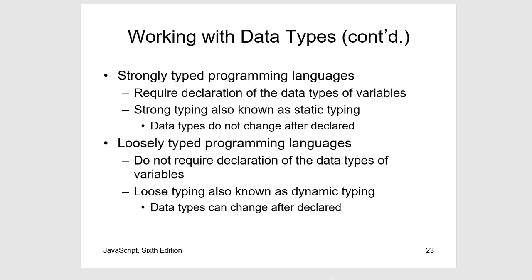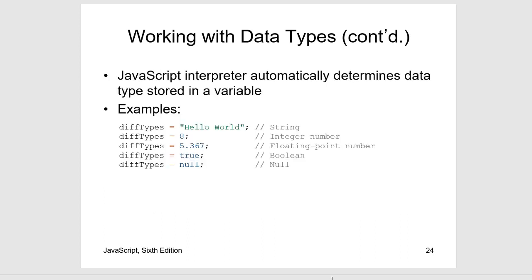This shows the differences between strongly and loosely typed. And this is completely related to data types and variables because strongly typed programming languages require that you declare what type of variable it is when you create it. For example, if it's going to be an integer, you have to say it's an integer. In loosely typed programming languages, the data types can change after they're declared, or they don't need to be declared at all.